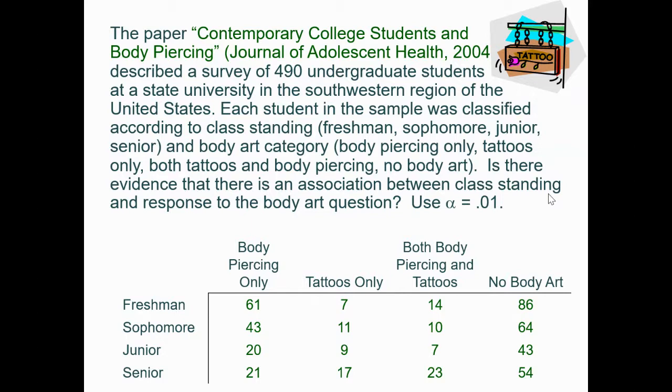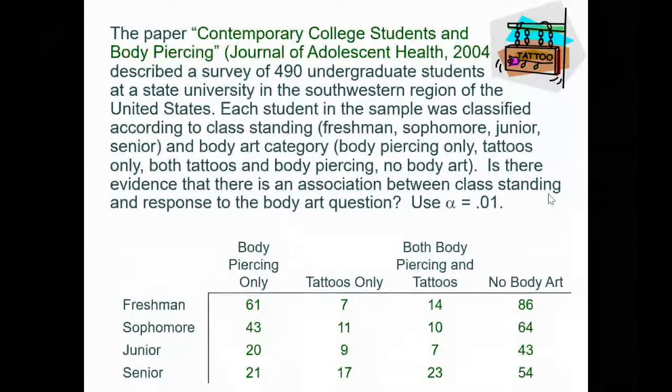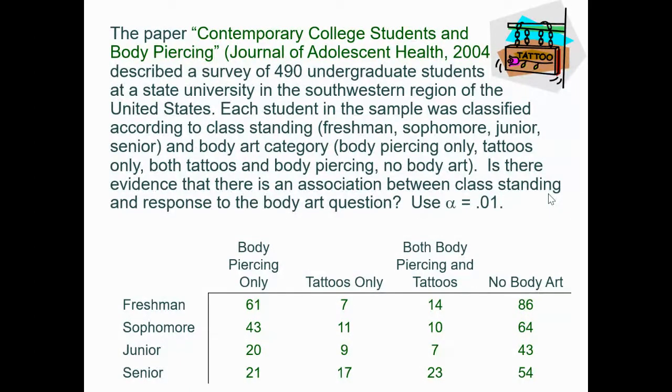So do they only have body piercings? Do they have only tattoos? Both tattoos and body piercings, or no body art? Is there evidence that there is an association between class standing and response to the body art question?